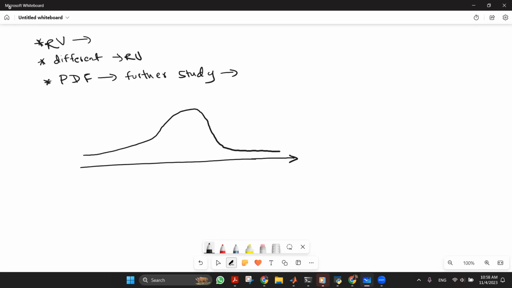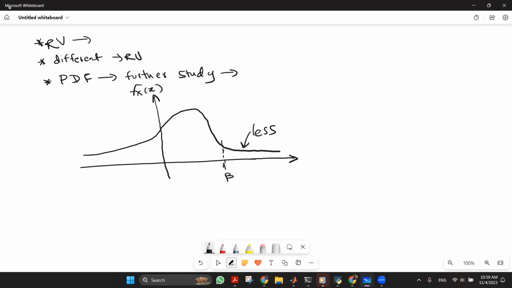So the probability density function of this distribution is like this curve. The probability of some events happening is very low.